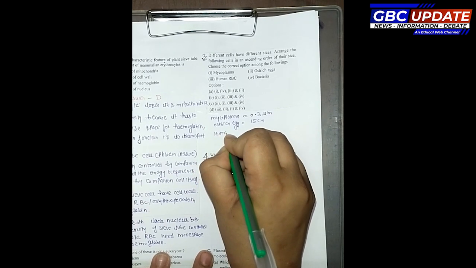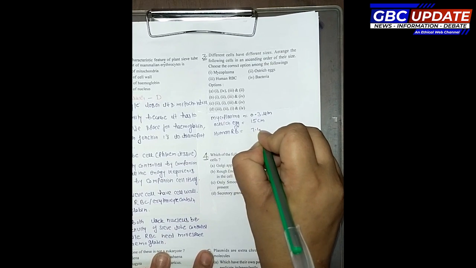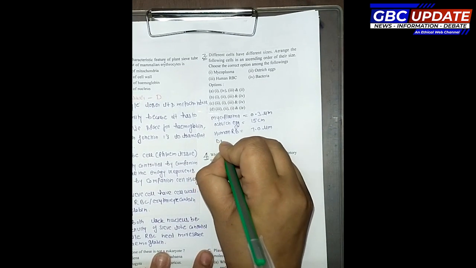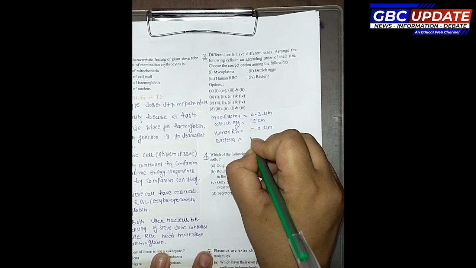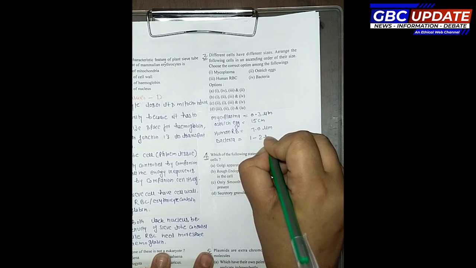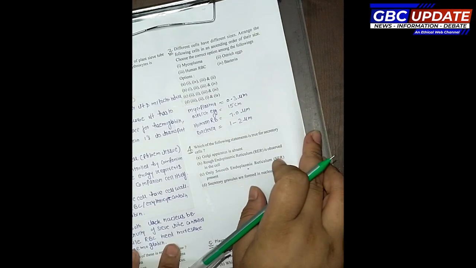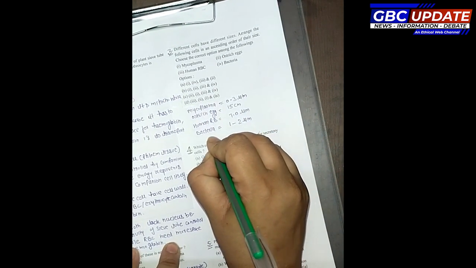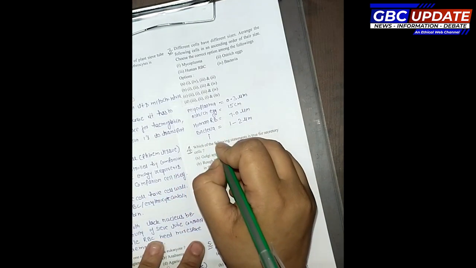Human RBC is 7.0 μm in diameter, while bacteria is 1.1 to 2 μm in size. So if we are arranging them in ascending order, the smallest cell will be Mycoplasma, which is present in first.